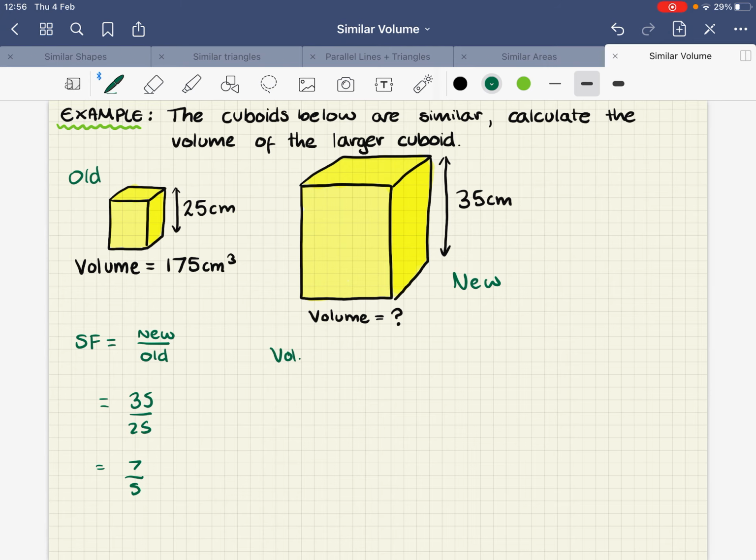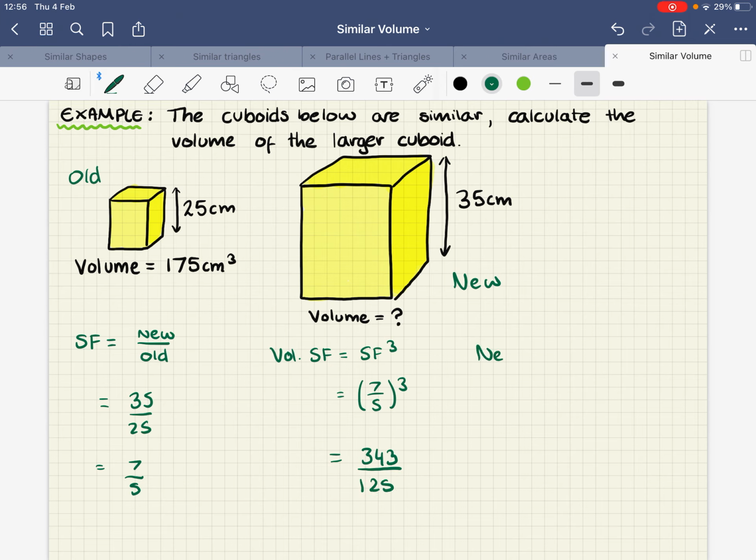So then my volume scale factor, I take my scale factor and I cube it. So I'm going to do 7 over 5 and I'm going to cube that. And that comes out to 343 over 125.